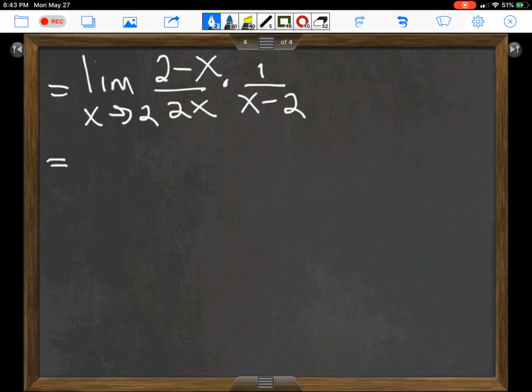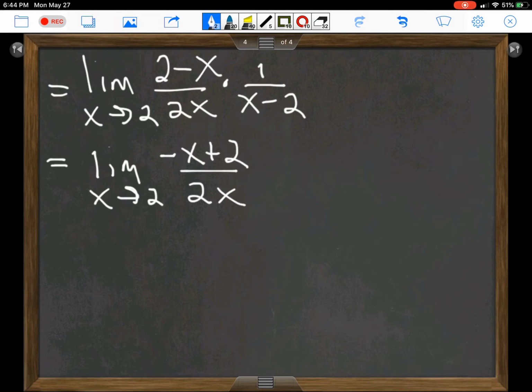You could do this with the numerator or the denominator, but what I'm going to do is just work with the numerator. So I'm going to write the limit as x approaches 2. Now I'm going to put minus x plus 2 over 2x times 1 over x minus 2. Can I do direct substitution? If I did, I would still get 0 because I would get 0 here, 2 minus 2.